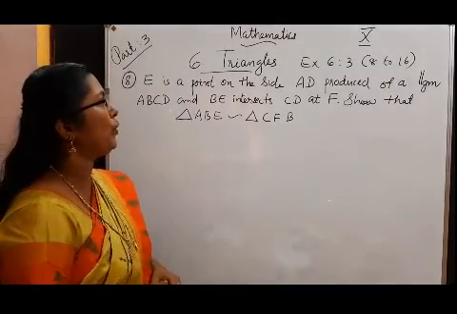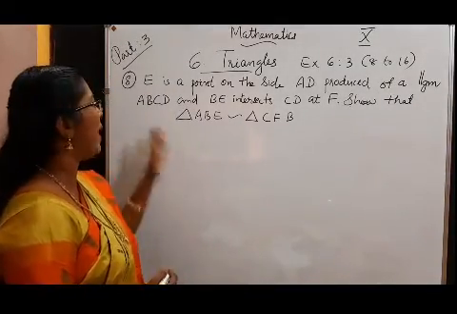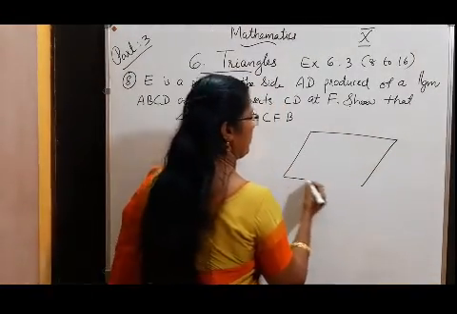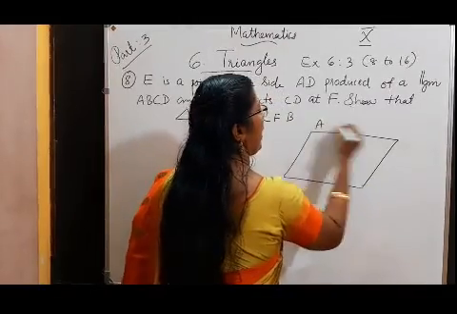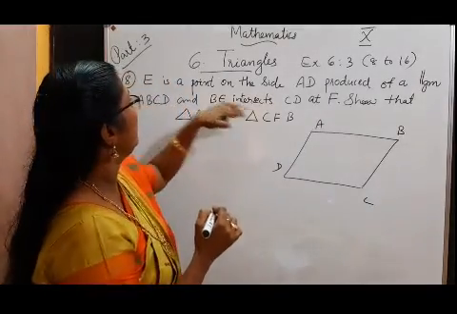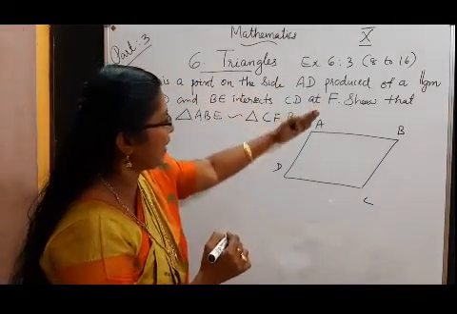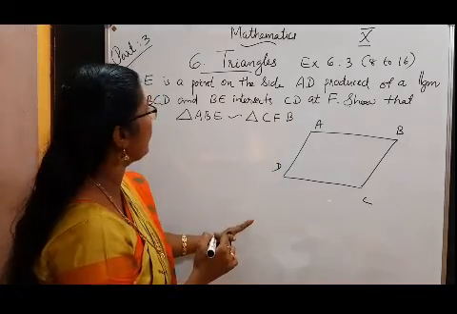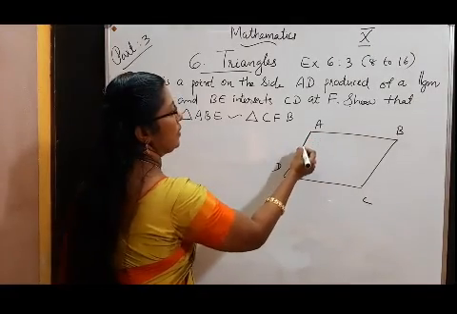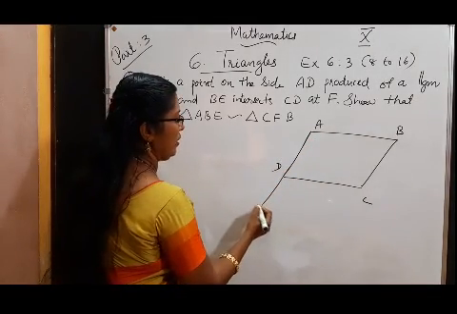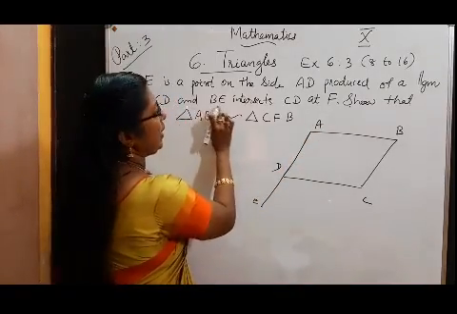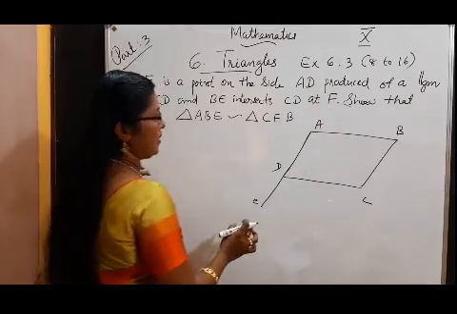Here we have a parallelogram ABCD, and E is a point on the side AD produced. This is the point E.